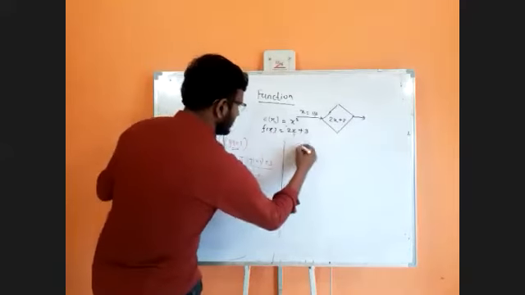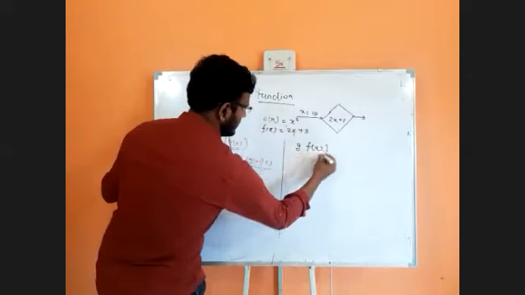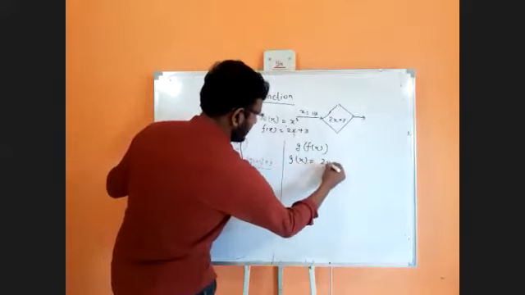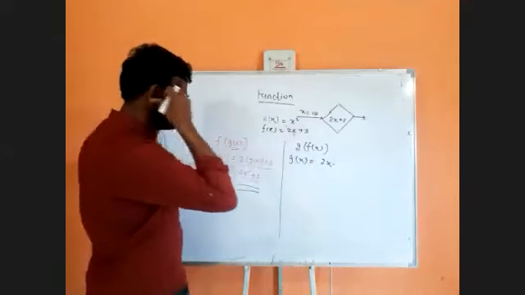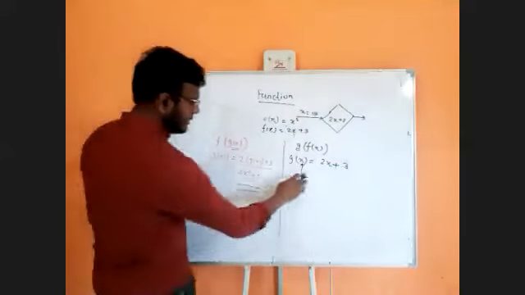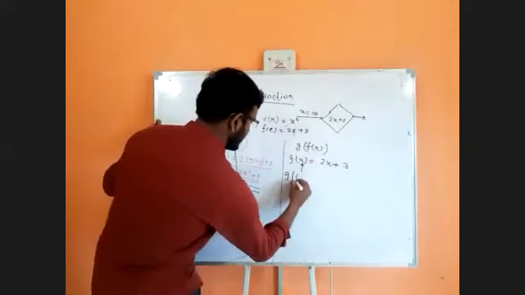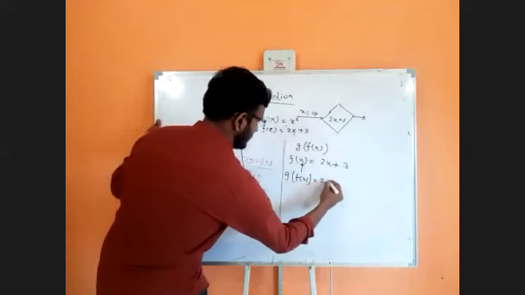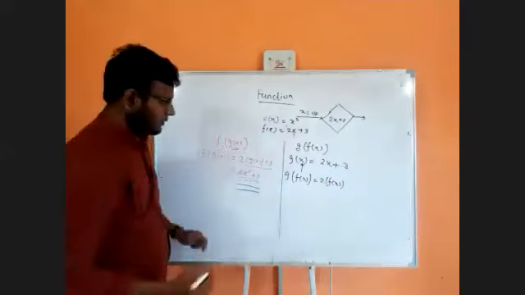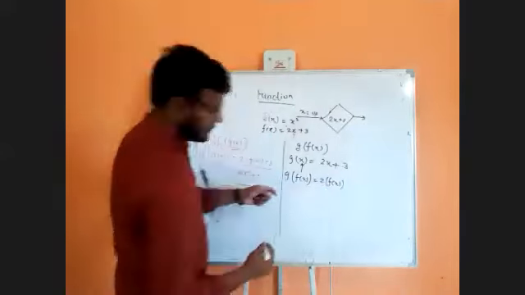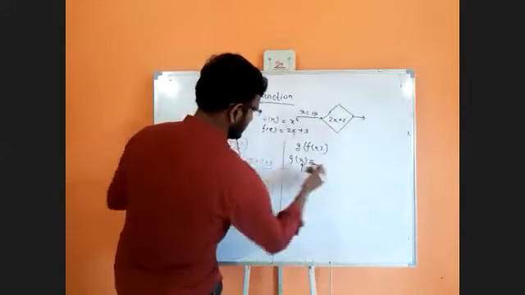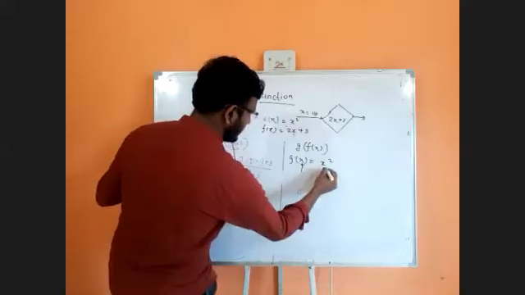Okay, so that was saying g of f of x. It means, g of x is x square, so wherever there is x, I just have to replace it by f of x.